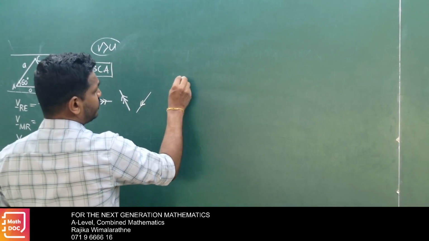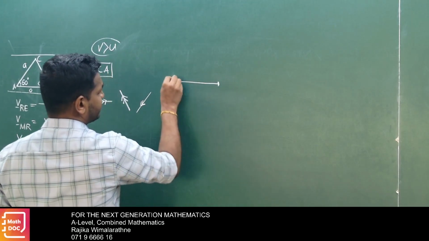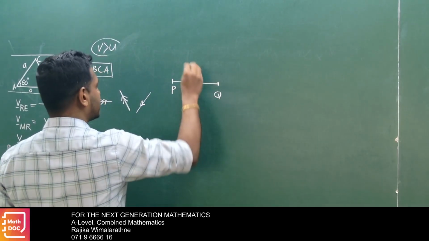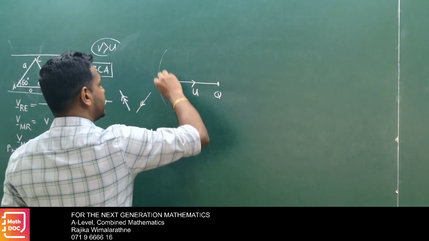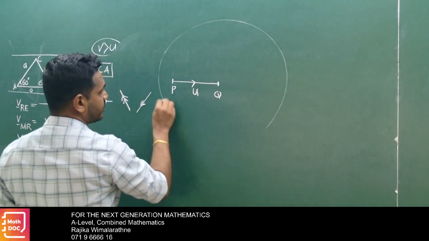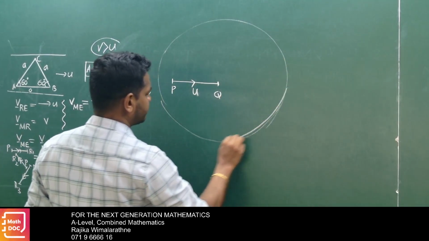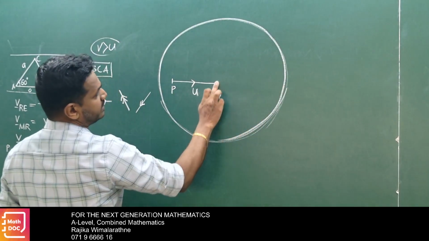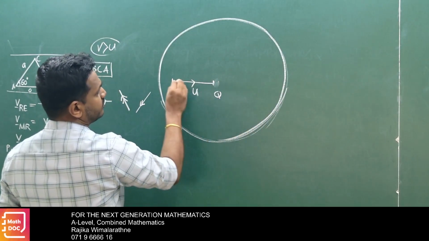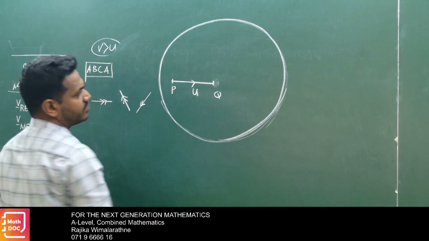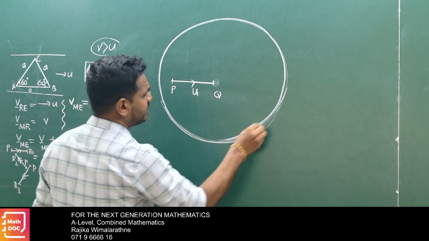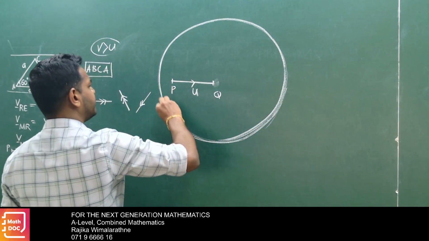Now sketch the PQ vector first. Here PQ is U, then QR: Q center, radius V circle. Sketch properly. Q center circle, radius V. Here possible R points are on this circle.